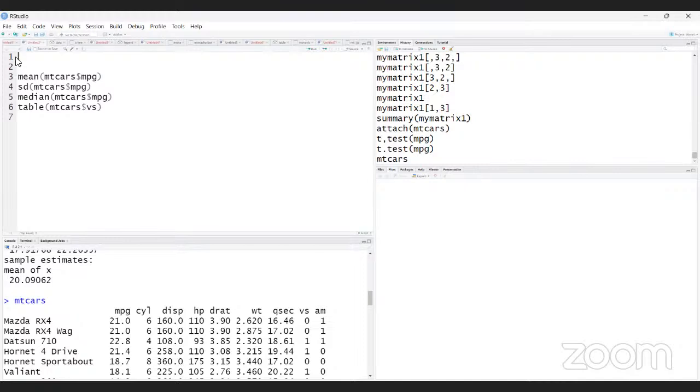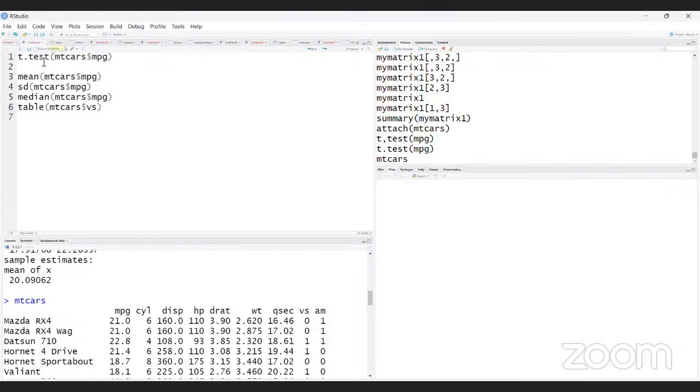For example, in mtcars, in the script I am writing t.test(mtcars$MPG). Okay.